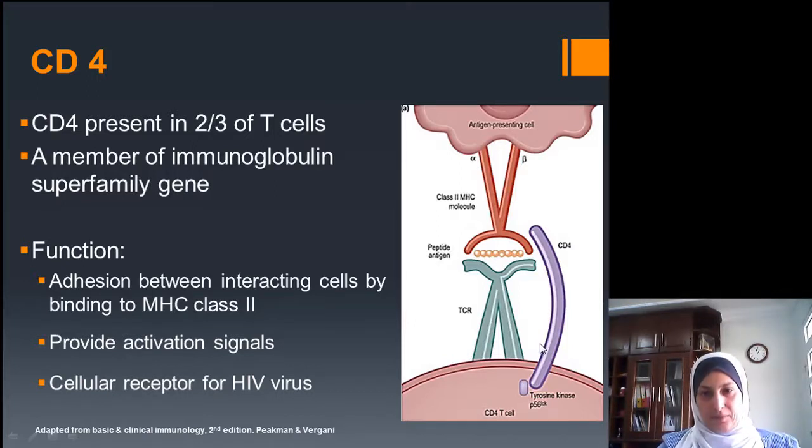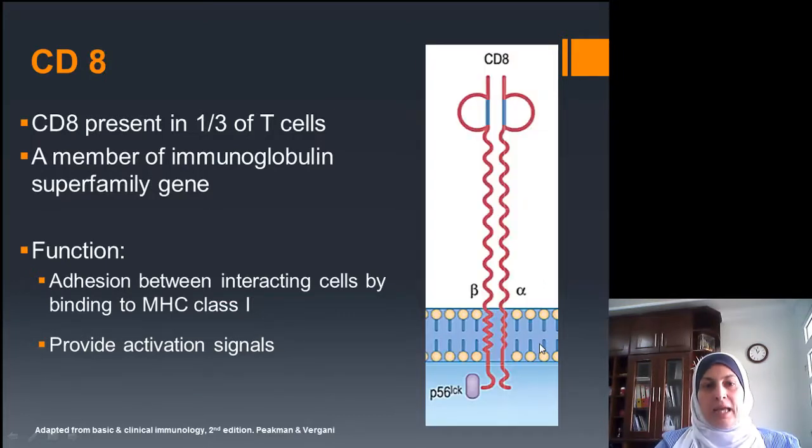the HIV virus. The CD8 consists of 2 chains, alpha and beta, instead of 1, and again belongs to the immunoglobulin superfamily. Only 1/3 of the T cells express CD8 on the surface, 2/3 expressing the CD4, and this indicates the difference in the function, as we're going to see later.